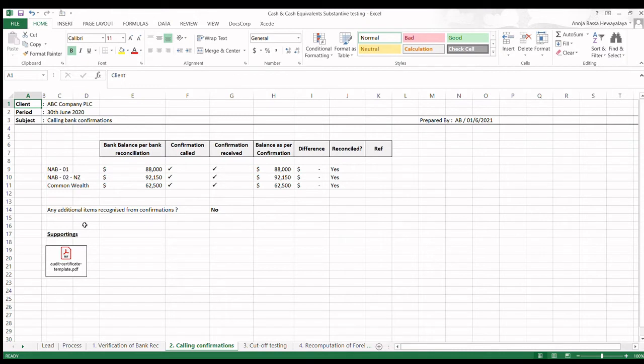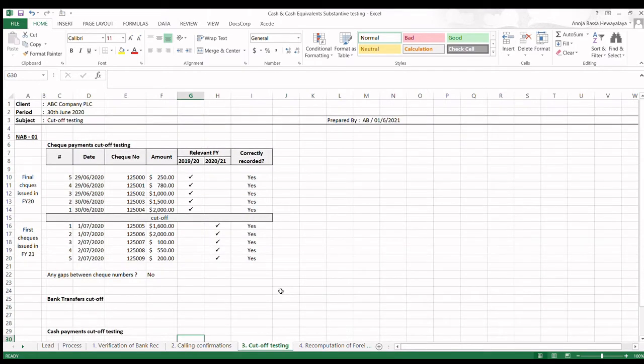And I haven't noticed any additional items that are not recorded in the client books, which is good. I have attached my bank confirmation in the working paper itself. Or else, if you are going to attach it in the software as a separate document, give the reference of those documents in this column. Next, I have done cutoff testing.